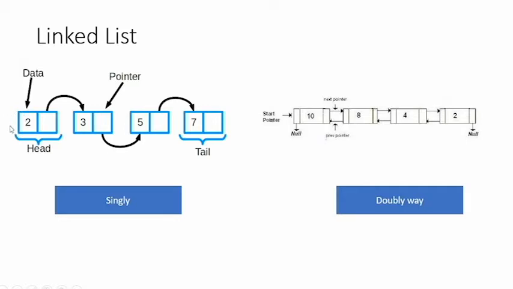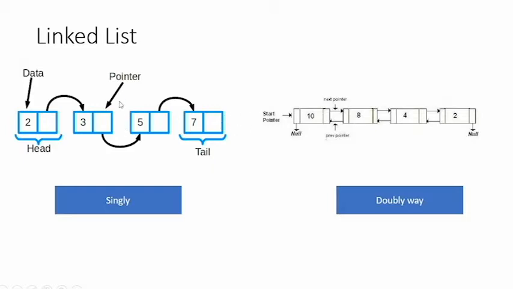So it is very easy to create at the first node. Similarly, if you want to insert a node at the last, it's very easy. In the last node, you have to insert the address of the newly created node. So it will be easy.